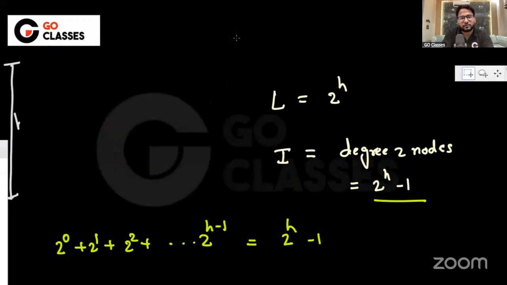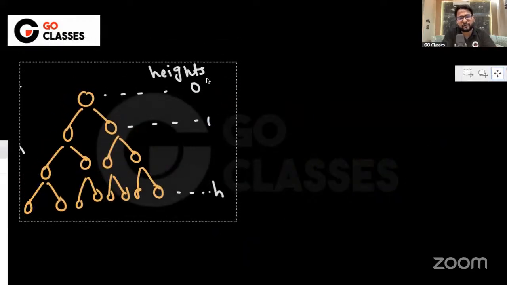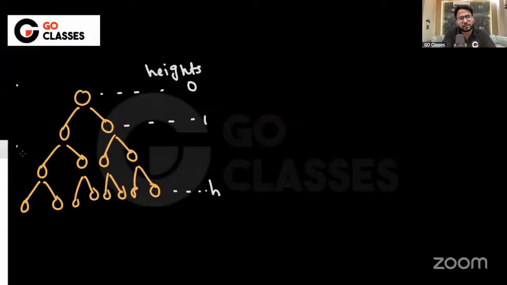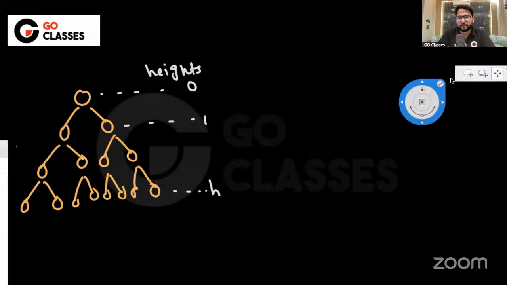Suppose this is a perfect tree only, but I gave you n nodes. So instead of heights, let me talk about the nodes.